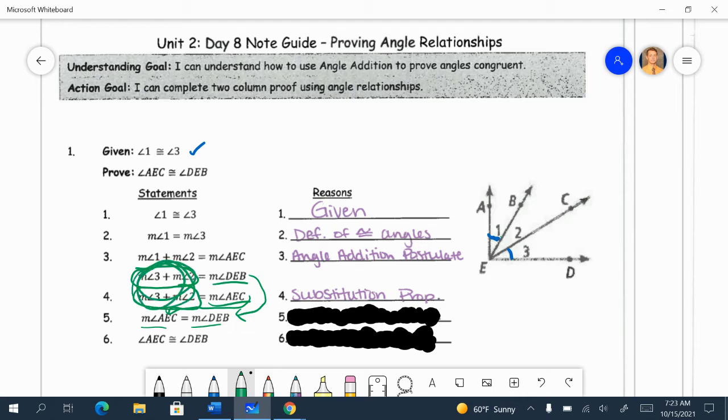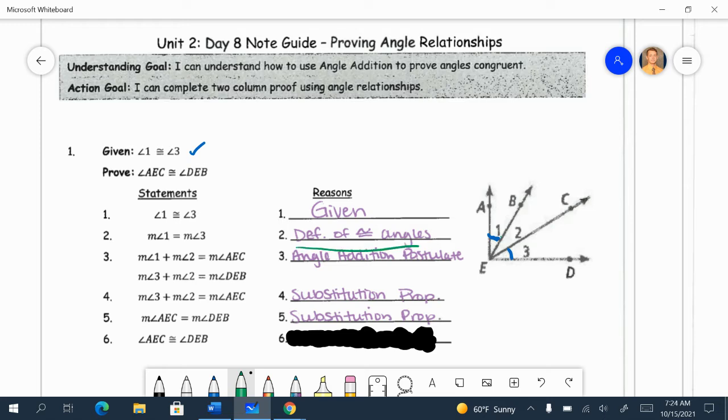Since those are the same, that means these are the same, and that's how they wrote them down there. So how would we write that? That would also be substitution property, where basically we know that they are the same, so we can substitute them in and say that they're equal to each other. And then our last step here, like I said before, definition of congruent angles is going to be my reason for that, because we're changing languages again.